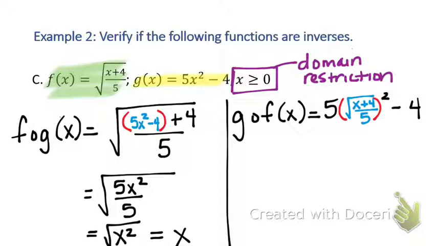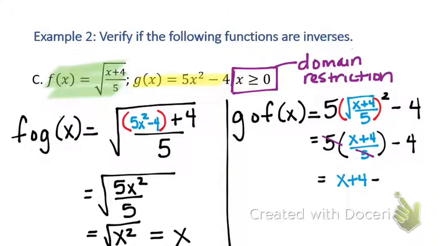So in this example, the first thing that's going to cancel out is your square. And then what's going to cancel out next? The 5's. And then the last thing to cancel out would be the 4's.